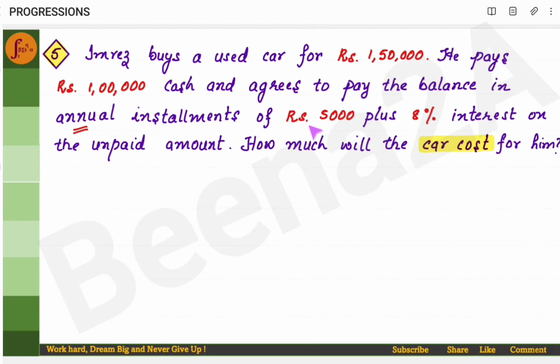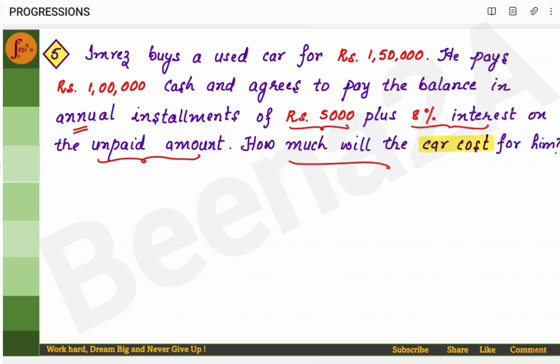Along with 5,000 rupees, he also has to pay interest of 8% on the unpaid amount. That is on the balance amount, right? On the balance amount, he has to pay 8% interest with 5,000 rupees of installment.